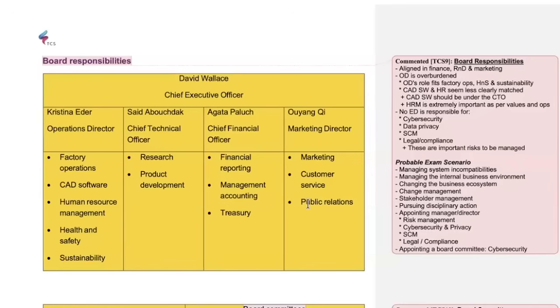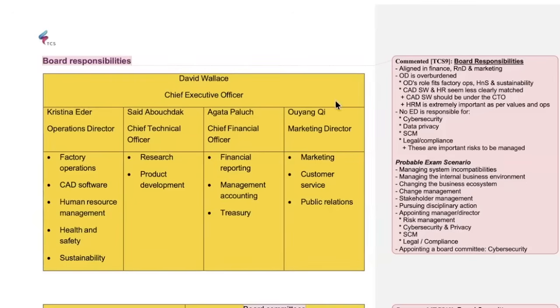So if you look at how our board is structured, there's a CEO who provides leadership, and then there are 4 different directors who are working under the CEO. So our entire organization is divided into 4 main parts: operations, technical elements, finance, as well as marketing.